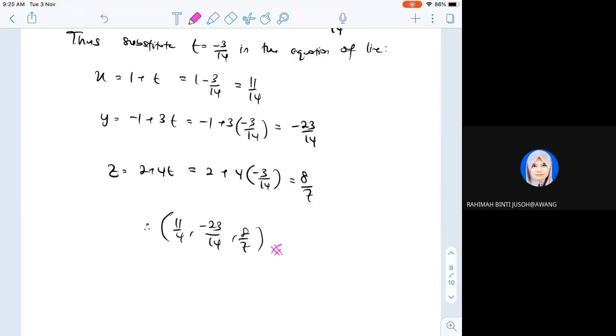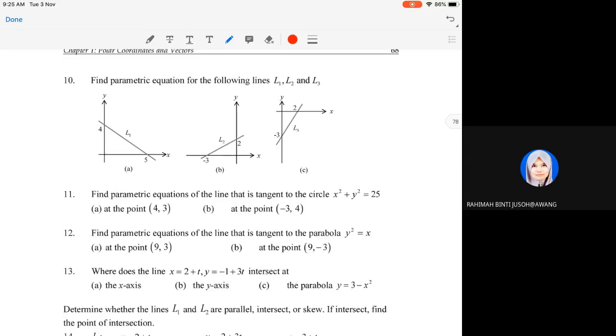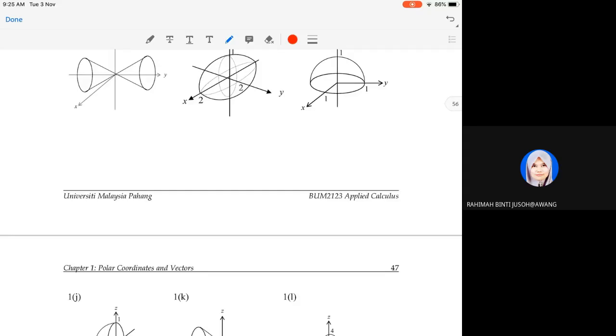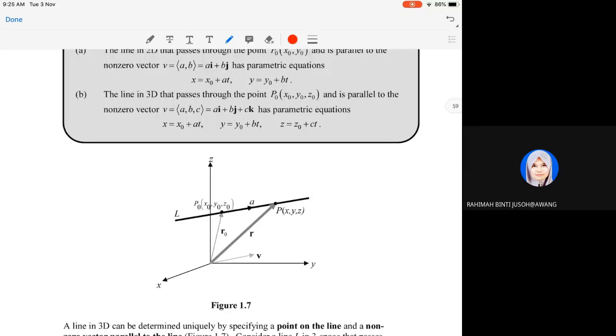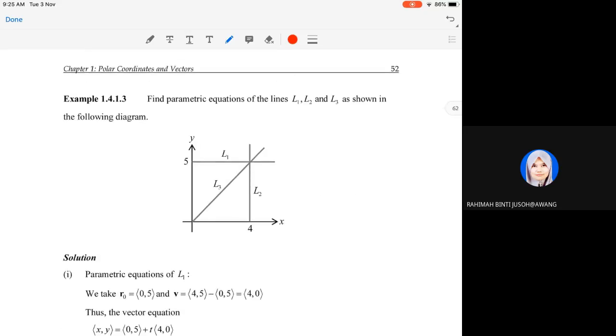Okay, next. Question number 10 ni is similar to the example in the module. Example 1.4.1.3. Sekejap kita tengok. Similar to this example. Sebiji.